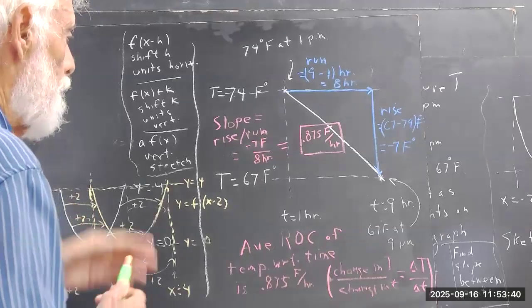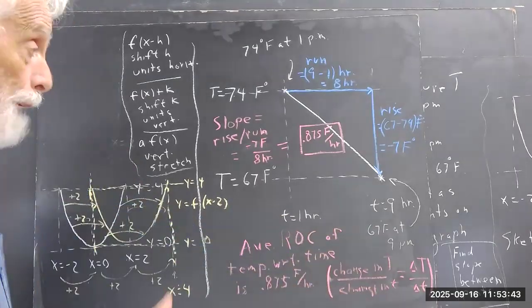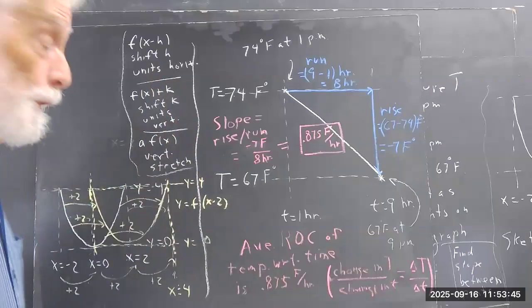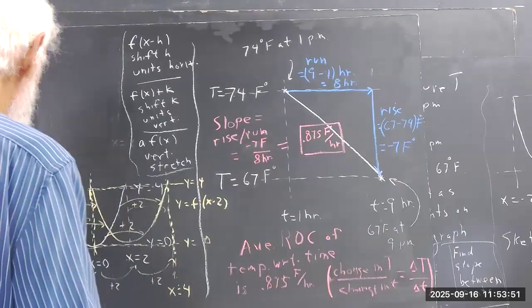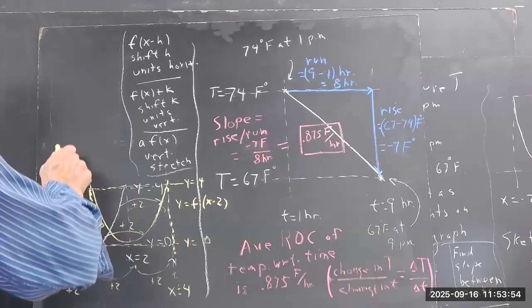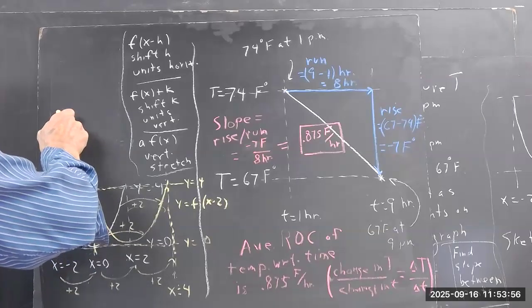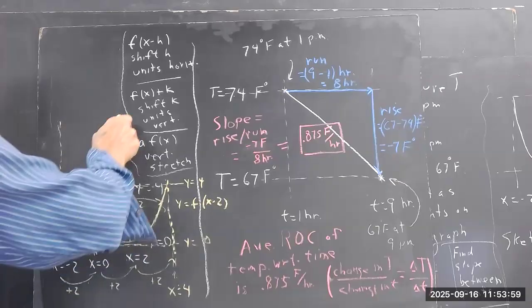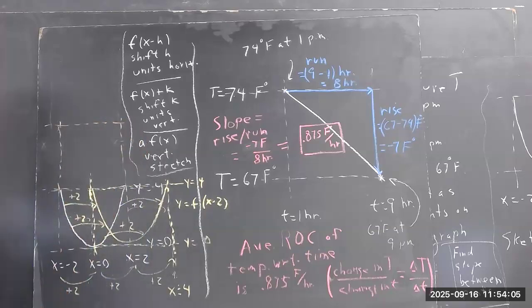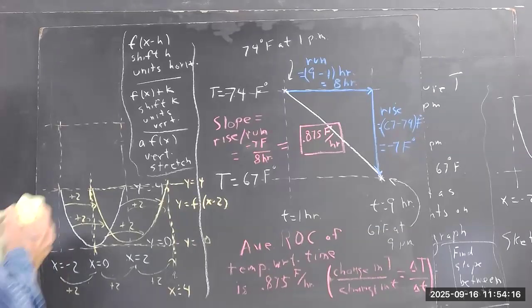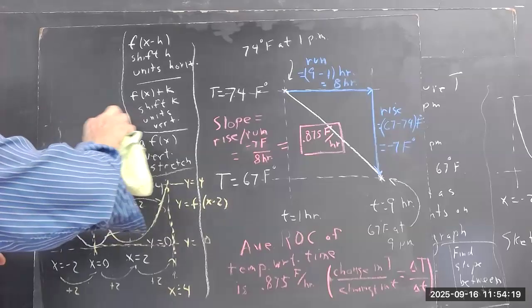If I want to do f of x plus 2, I've got to raise every point 2 units up, which means I've got to take my whole square or rectangle here and raise it up 2 units. That means I'm going to have a square up here. The x lines are not going to change. I'm not drawing my y line where I ought to. Put a water line there eventually.